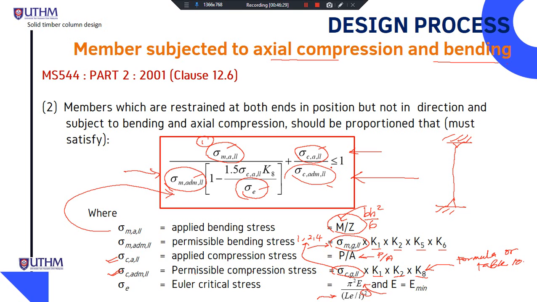Later you need to check with 1, so it must meet this verification. It must be less than or equal to 1. So this is a member subjected to axial compression and bending.